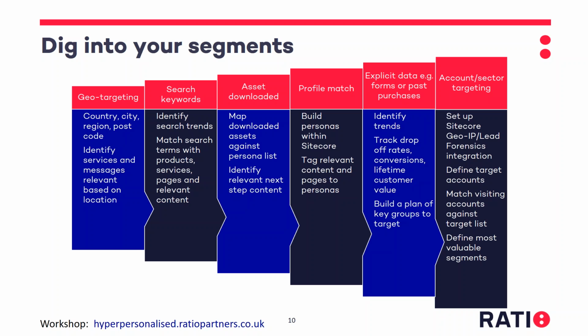So what we mean by segments is, if something like geo-targeting is important to you, if something along the lines of search keywords, if you run a lot of paid campaigns, if you're collecting explicit data, for example, if you're a retailer or a membership organization or some organization that has purchases on site, you're collecting known identifiable information. If you run an account-based sales strategy, that could be a segment. But basically, when you look into your data, it's matching what is important for you as a business.